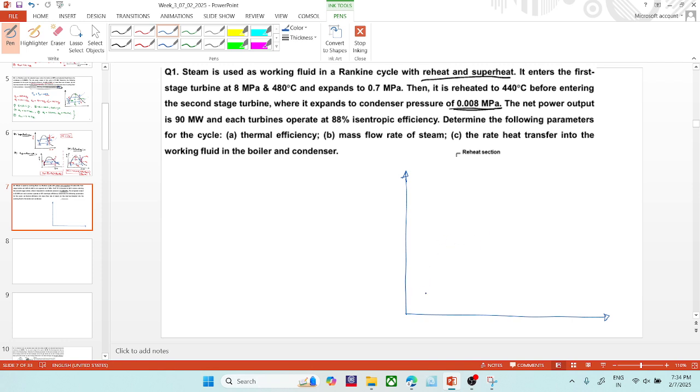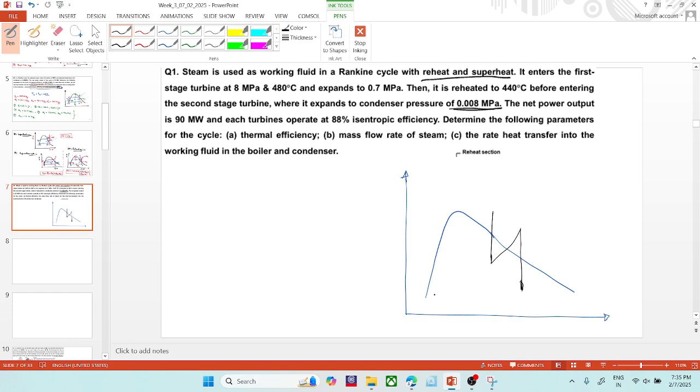Okay, so the reheat cycle looks something like this. Suppose in the first stage, the steam is expanding like this, then it is reheated, then again expanded.